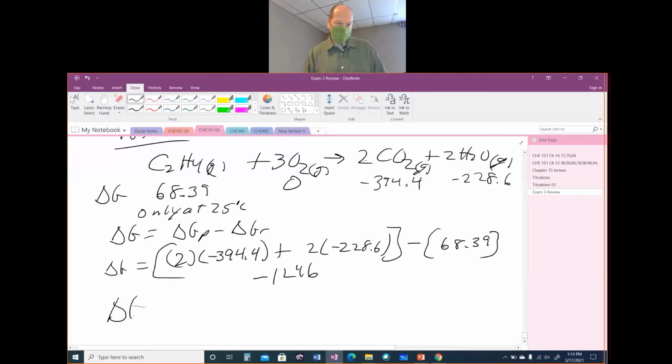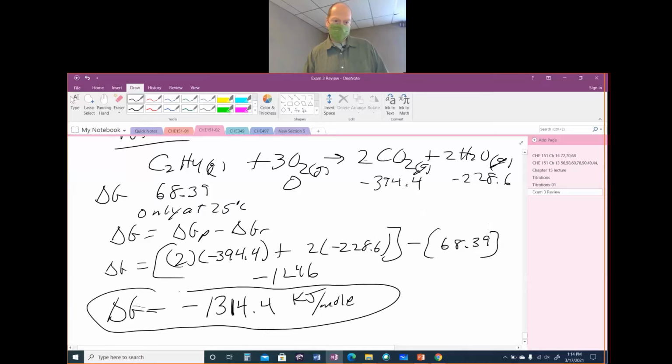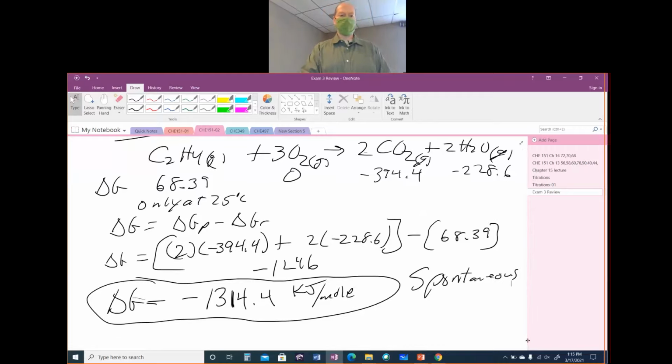All right, so delta G is equal to negative 1314.4 kilojoules per mole. All right, and so we know that this reaction is spontaneous. So negative delta G will tell us that the reaction is spontaneous.